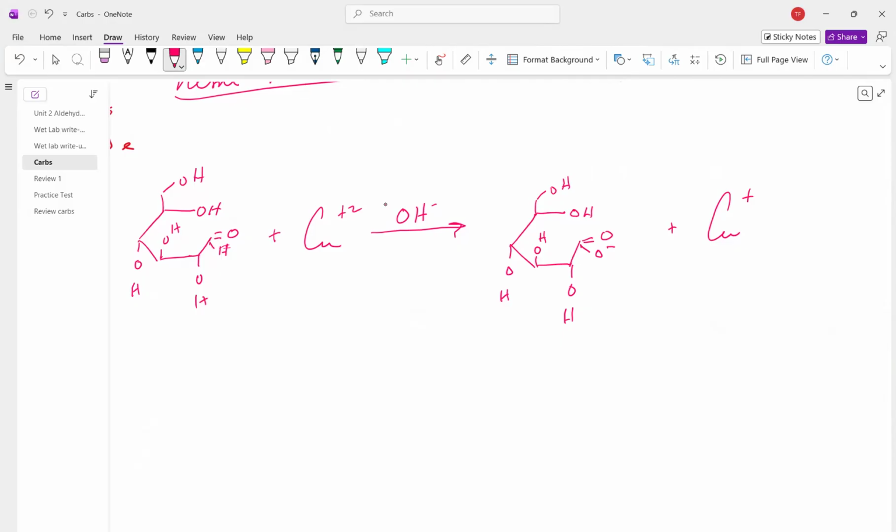Normally an aldehyde is oxidized to an acid, but in an alkaline environment, the hydrogen's lost to water. So you're left with the acid salt.